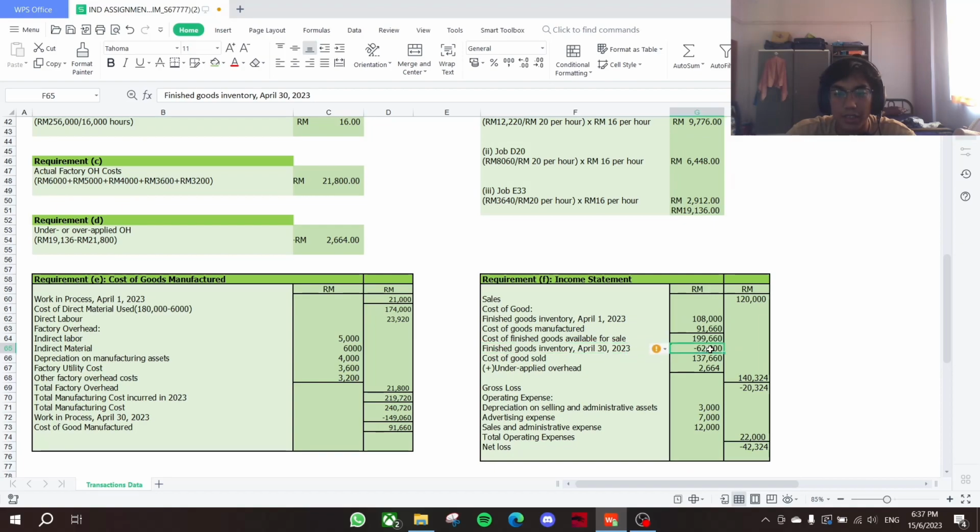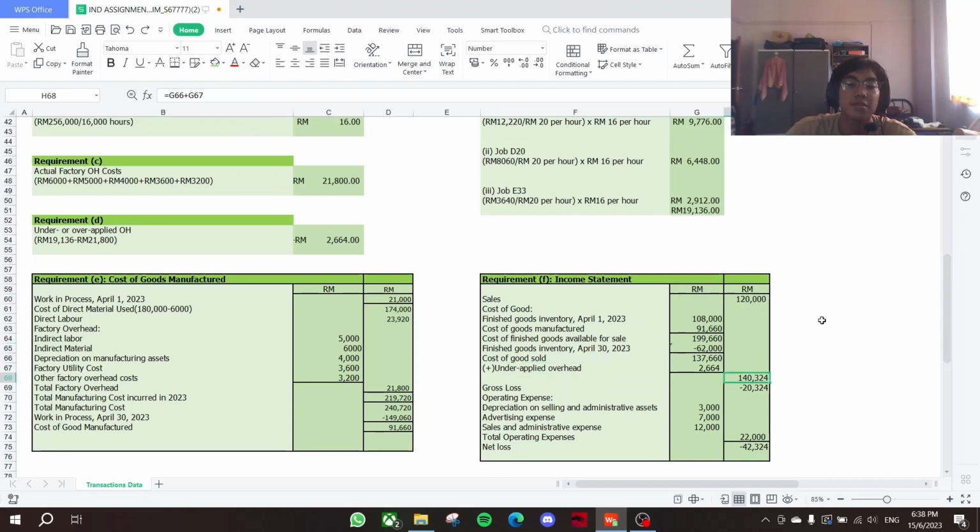And then we minus the ending finished goods inventory, so we got 137,660. Because it is under applied overhead, we add it up, and then the total of our cost is 140,000.